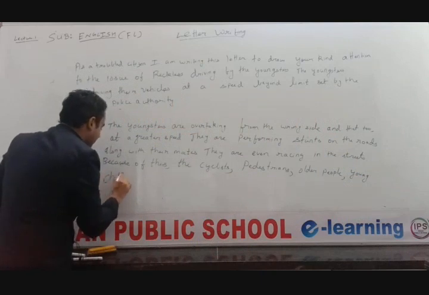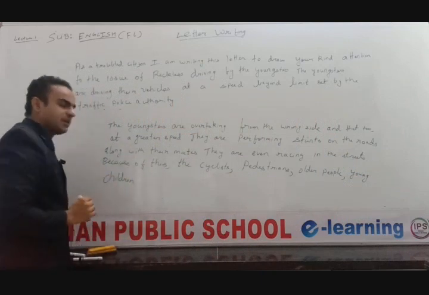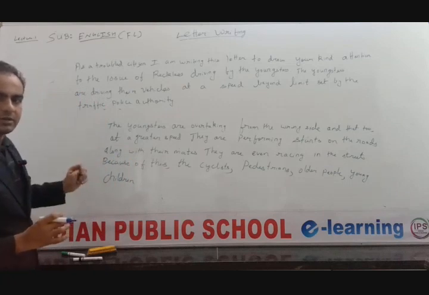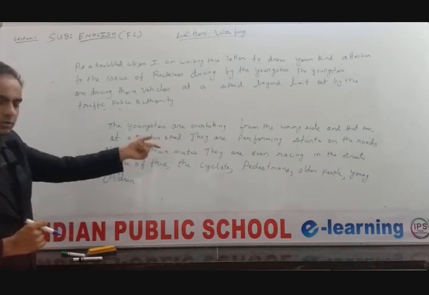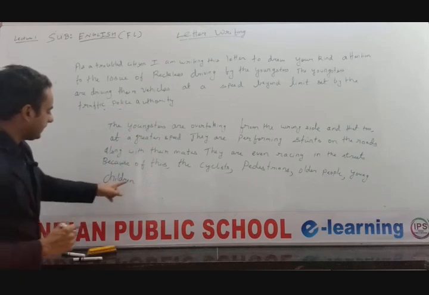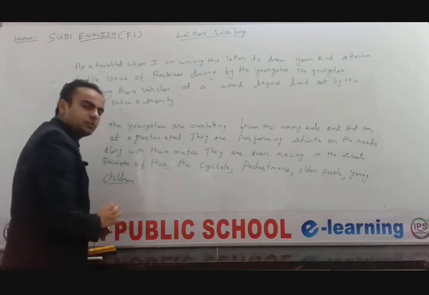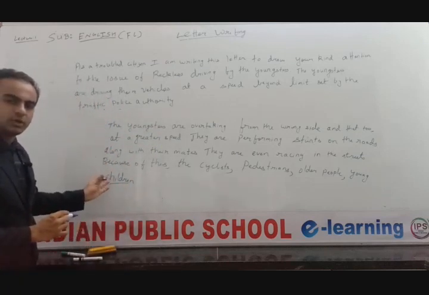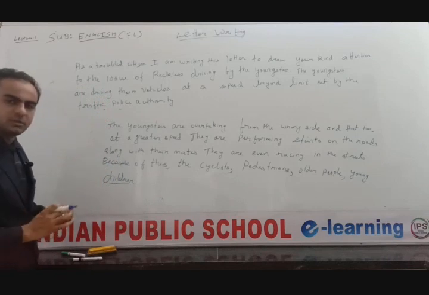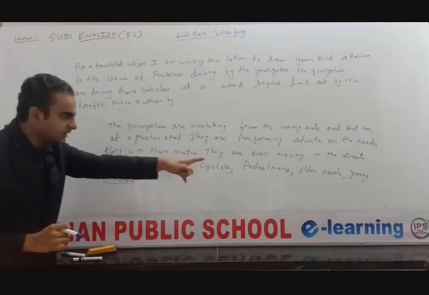Do not write elder people because elder is used for same family members. When it is a general thing, you have to write older people. You cannot also write old people. Older people, young children. Young children are always young, right? We are talking about really small children. Young children.